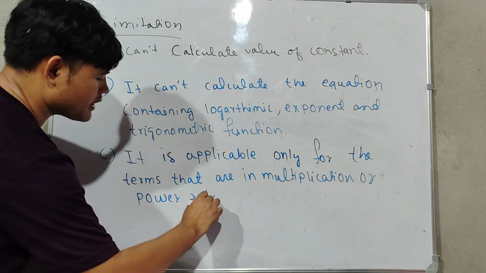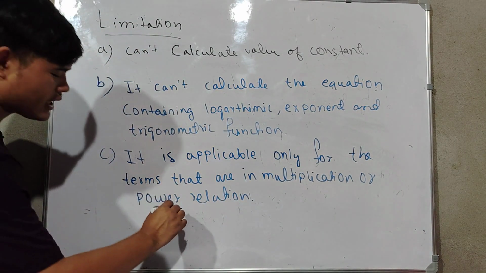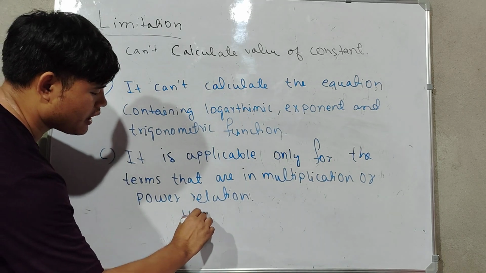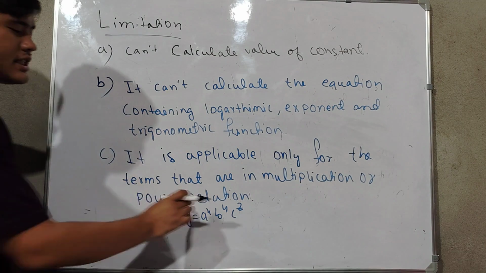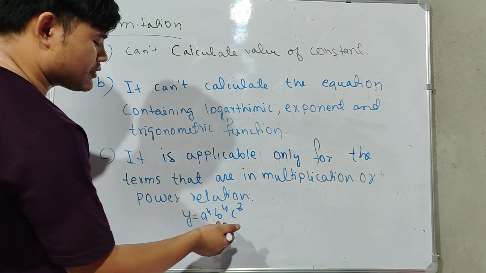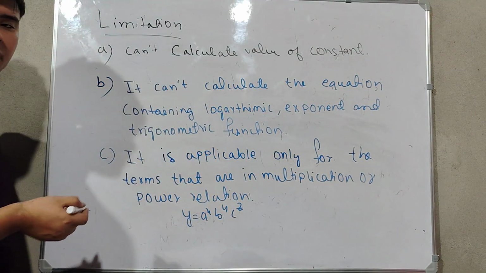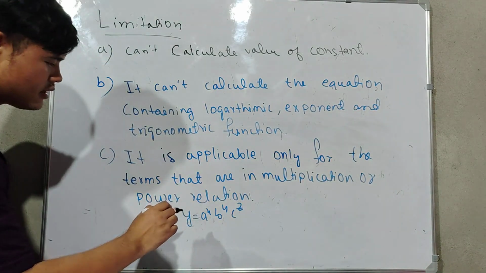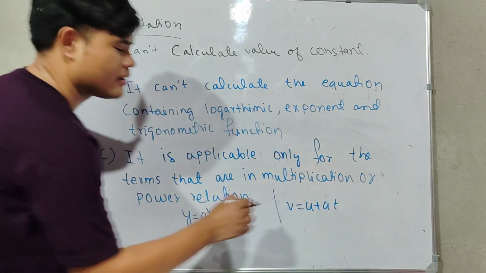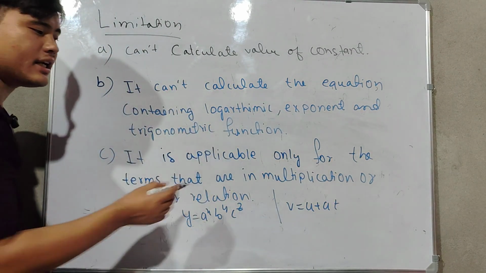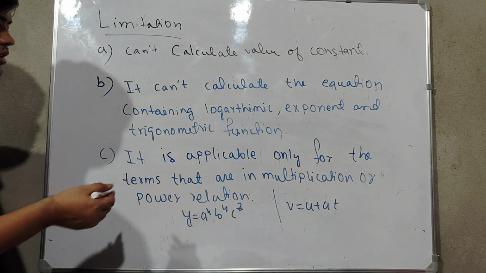If the formula's terms are multiplied, for example y is equal to a x b y c z, then for this type of formulas only we can find the formulas. Now if it comes like v is equal to u plus at, then we cannot find it out. If there is addition or subtraction, then it fails.